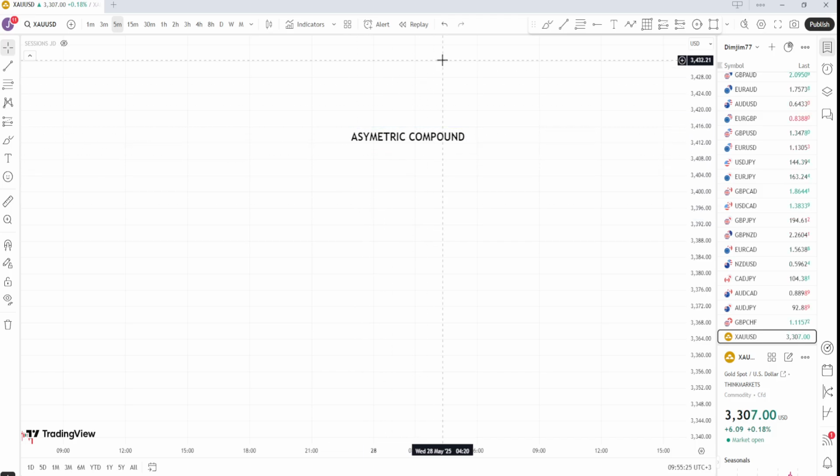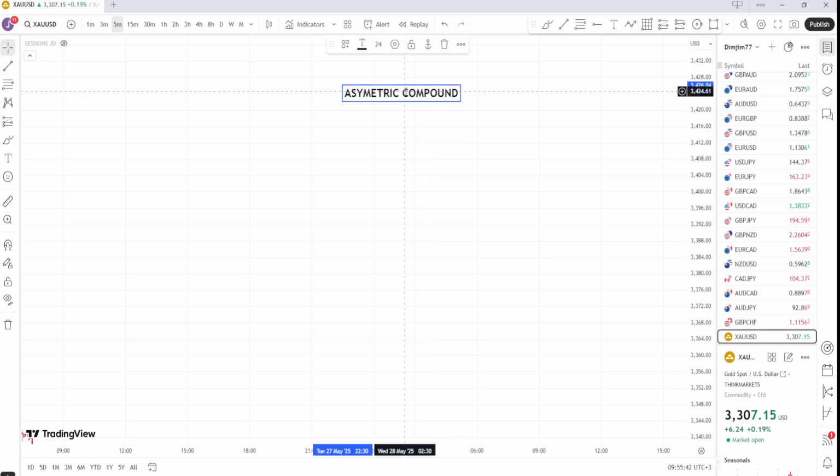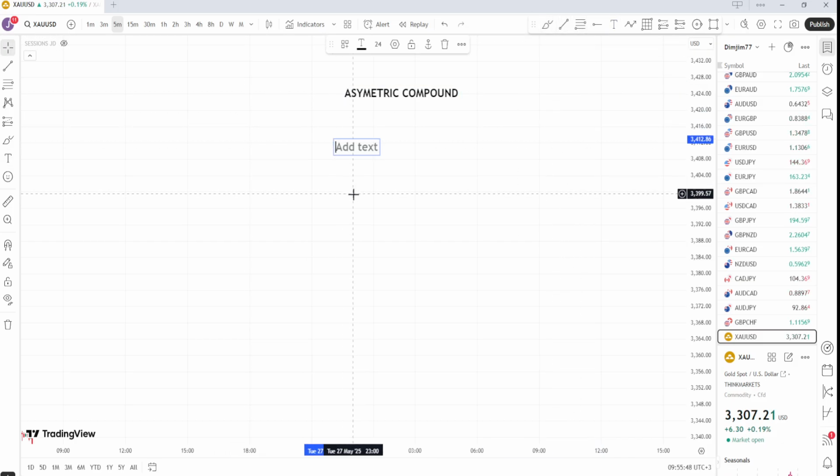Now, as we saw earlier, you risk 1%, 1%, 1%. It has growth, but it's not fast. It's not what you want. I mean, it's not great. So let me show you what you do. Let's say you risk 1% on trade 1.